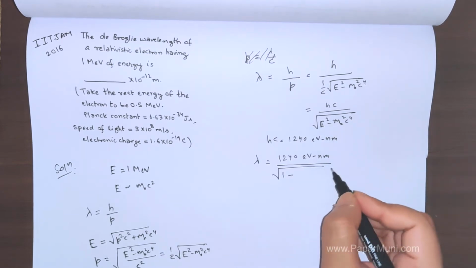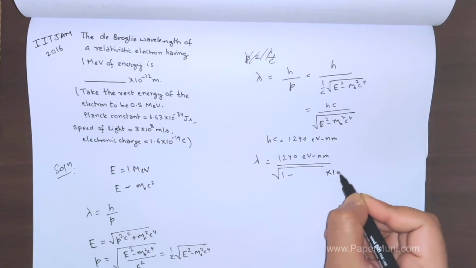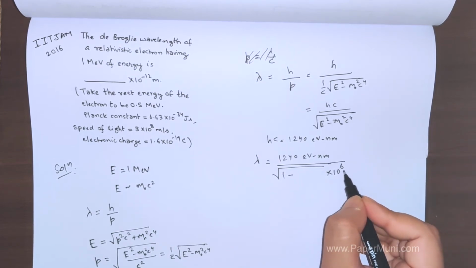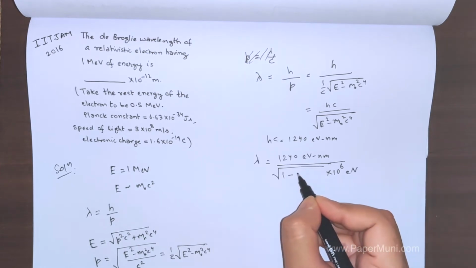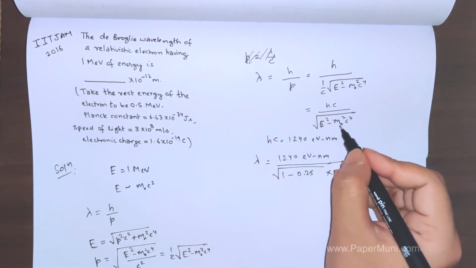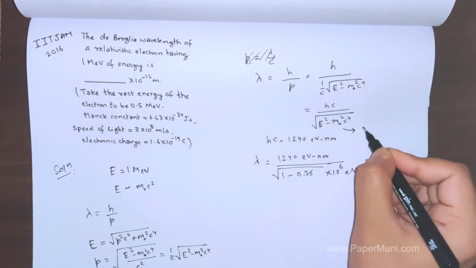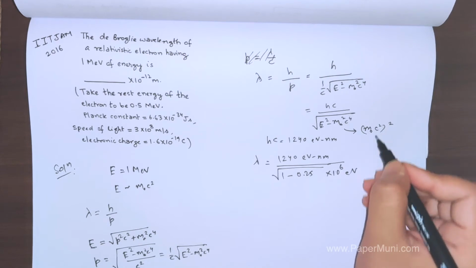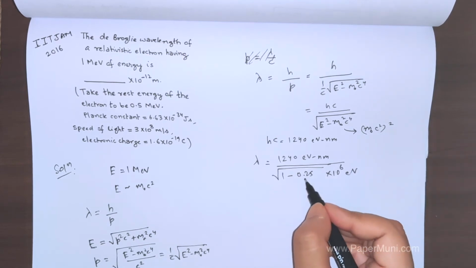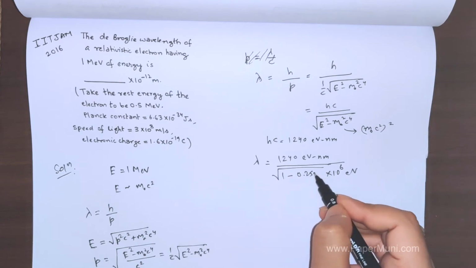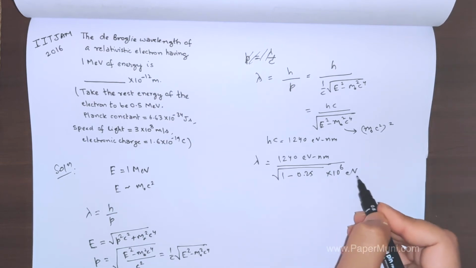Squaring this, I'm taking 10 to the power 6 outside the root, since we converted into electron volt. This is 0.25, the square of 0.5, which is simply m naught c squared, the whole squared. You square 0.5 to get 0.25, and again it was in MeV. So you're squaring MeV and taking a root, so it will remain in MeV.